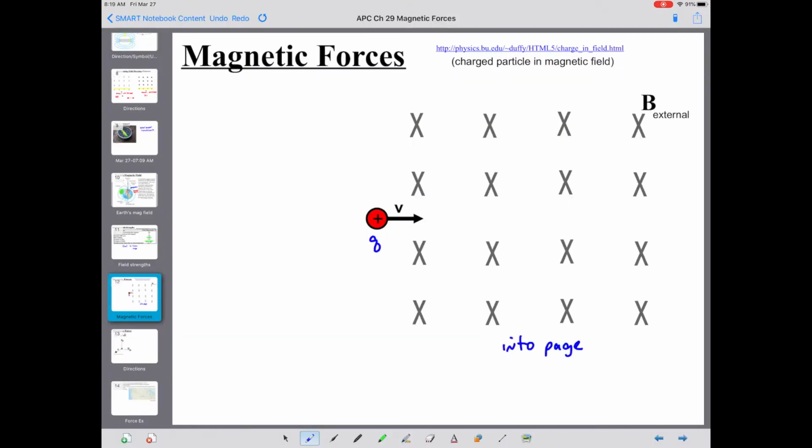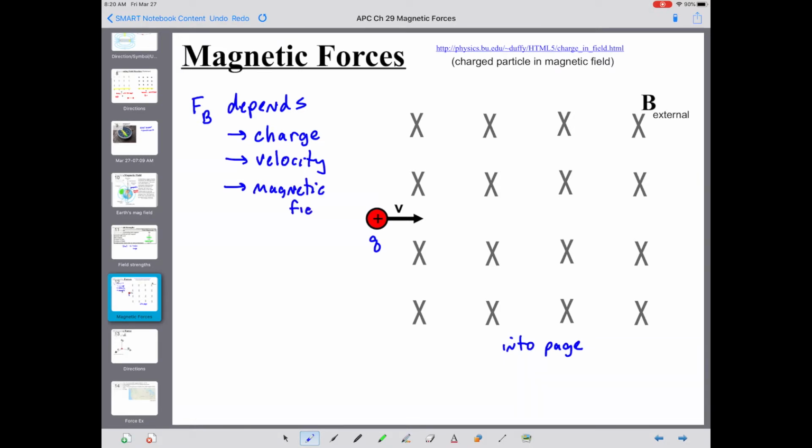So now, if we come back to here, the magnetic force depends, as we just observed, on the amount of charge. It also depends on the velocity of the charge. It will also depend on the magnetic field.